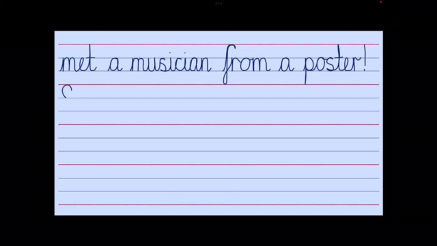Sat. Is faction. We have gone back to satisfaction with T-I-O-N. Satisfaction is a feeling.